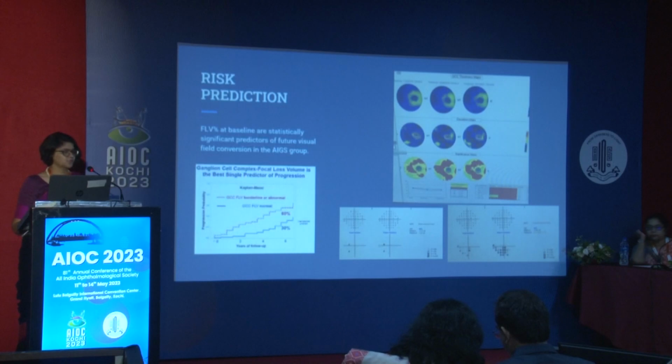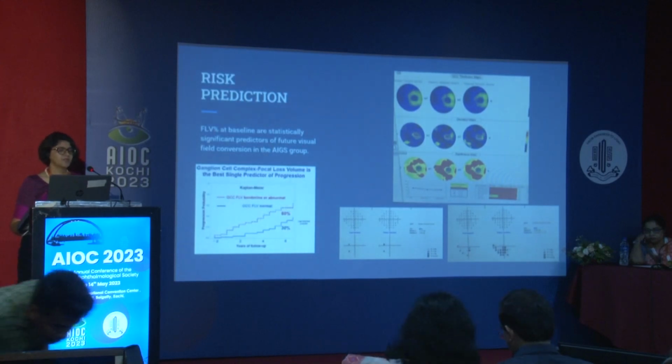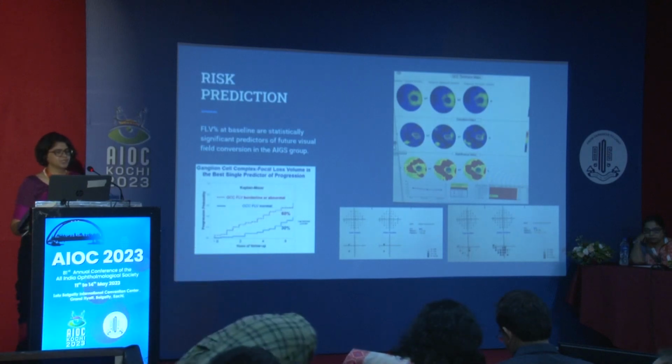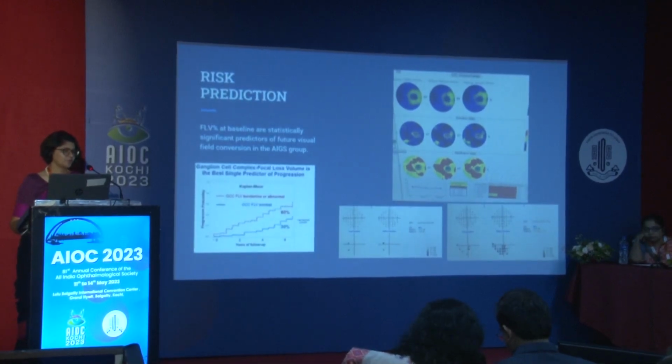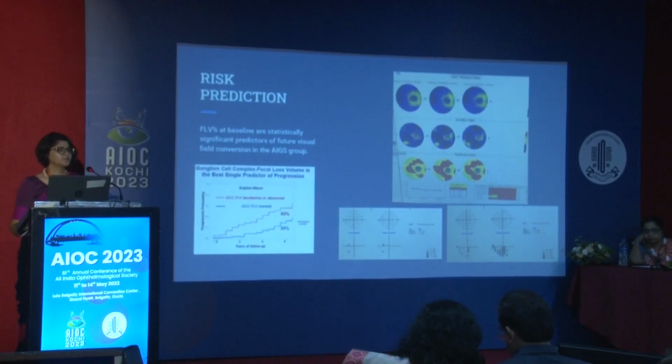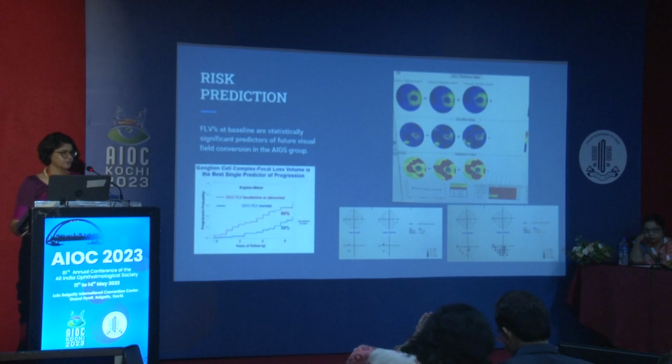Also, the focal loss volume, if it is affected at baseline in a pre-perimetric case, is a significant predictor of subsequent visual field conversion. This was seen in the AIGS group. So GLV is an early sign for glaucoma, and FLV would be useful to detect who are likely to progress.